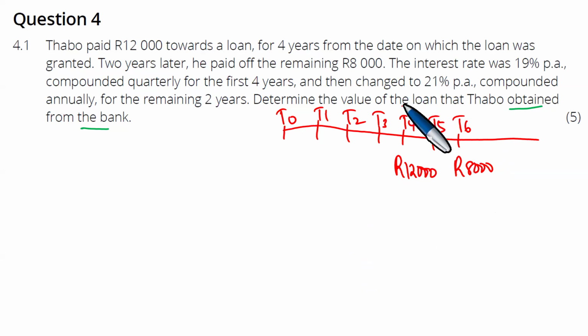The interest rate was 19% per annum, compounded quarterly.